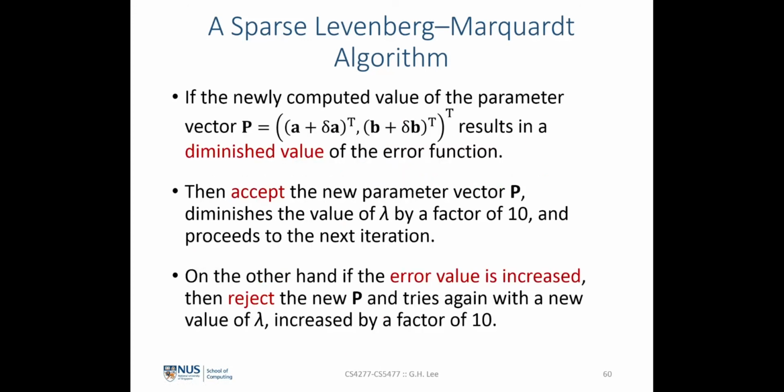Now, once we have computed the update vectors delta A and delta B, we can put them back into this equation over here to get the updated equation of P. So this is simply equivalent to P i+1 equals P i plus delta, where delta is the value that we have solved for in the normal equation.